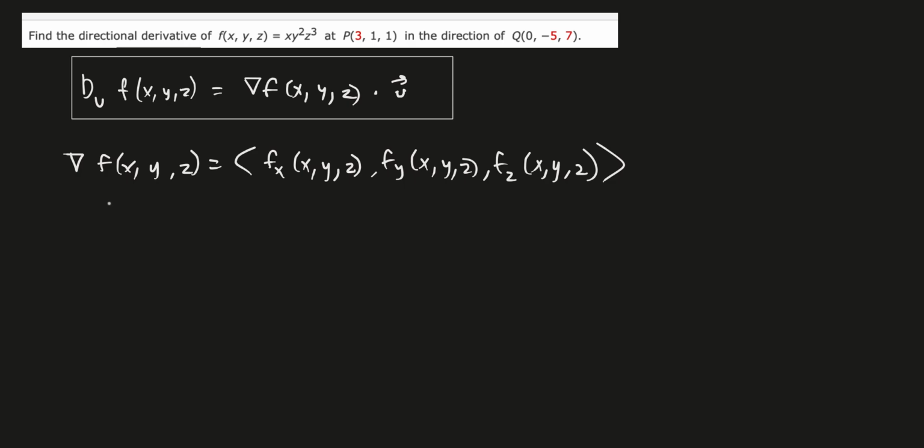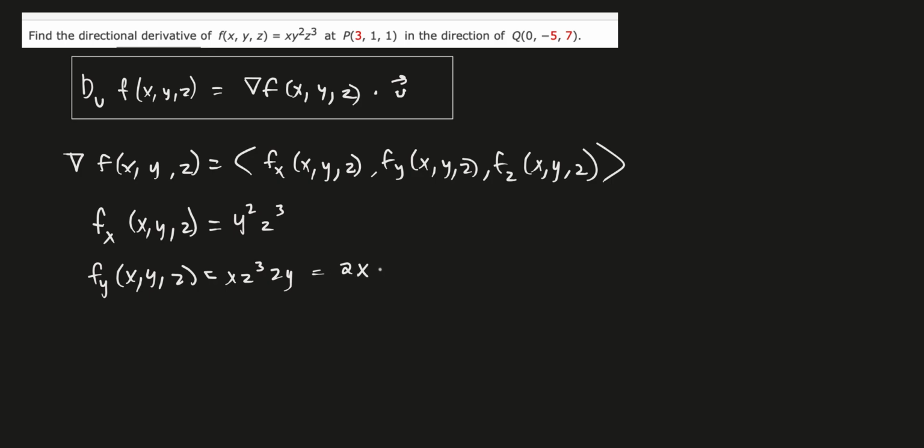Remember that we can find f sub x at x, y, and z by treating y and z as a constant. So y squared z to the third, that's what we get. And then f sub y of x, y, z, treating x and z as a constant, we have x z to the third, 2y. And then f sub z of x, y, z, treating x and y as a constant, we have x y squared times 3z squared.